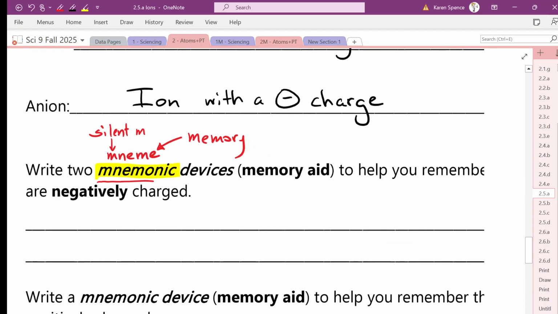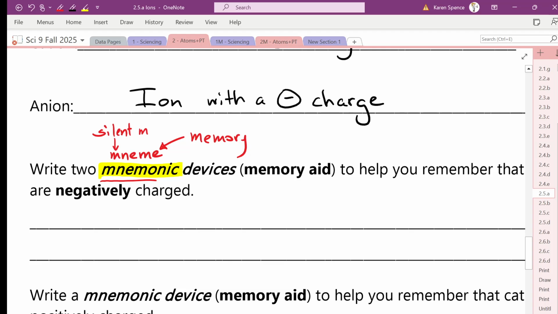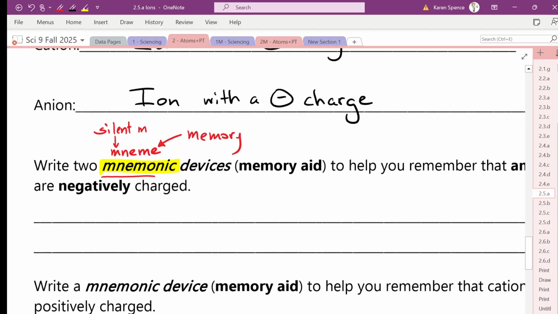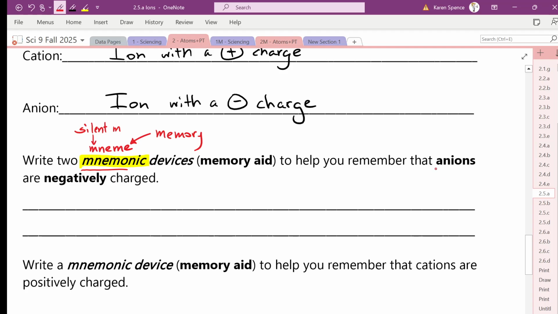Could you write, please, 2 mnemonic devices that will help you remember that an anion is negatively charged?